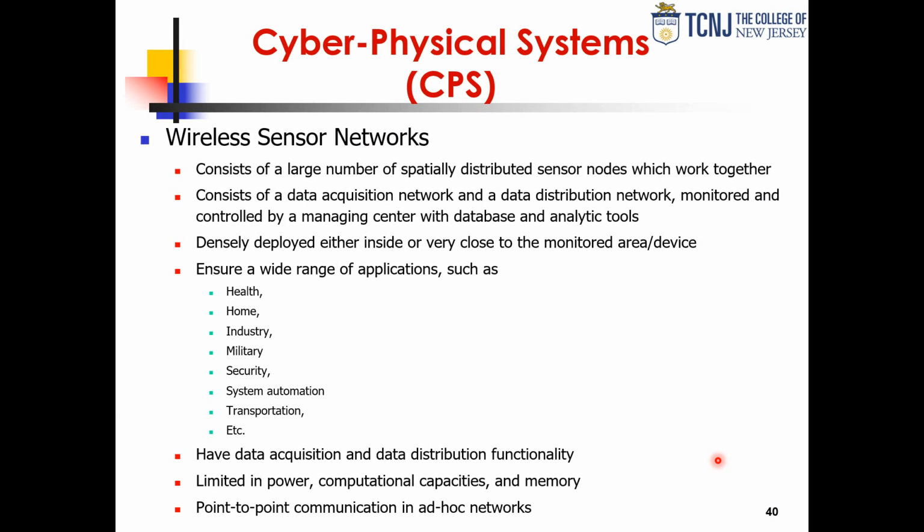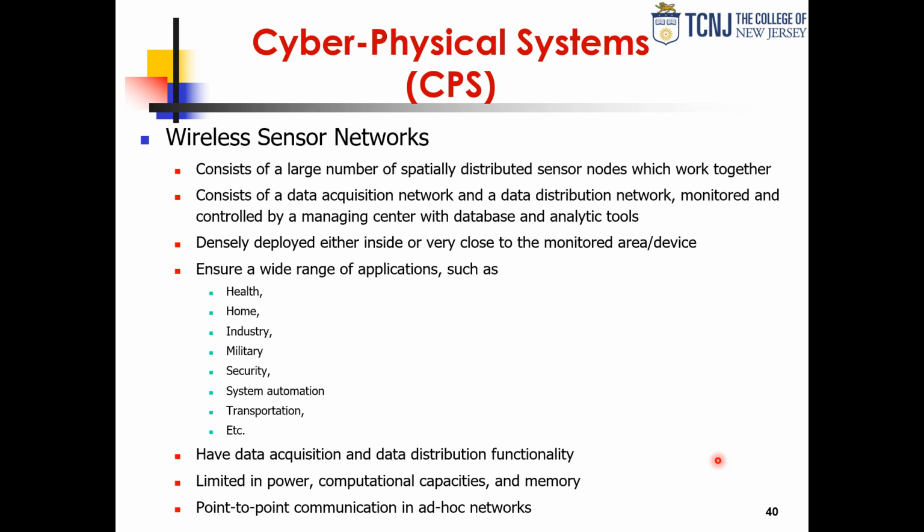So what are wireless sensor networks? Basically, we're talking about a vast, spatially distributed number of sensors where each sensor can be a smart agent on the network.